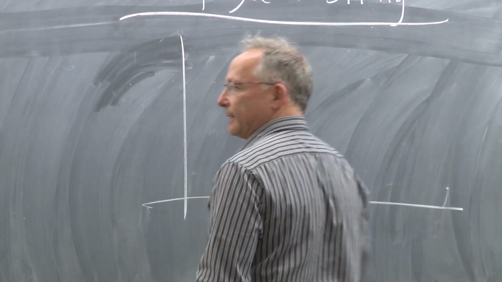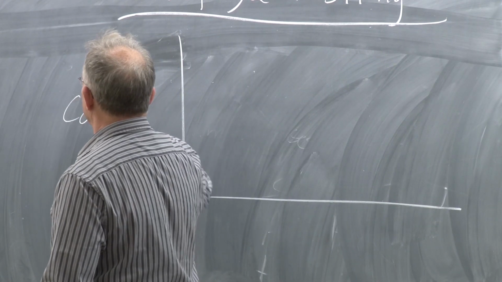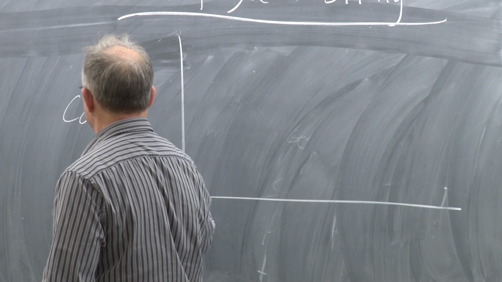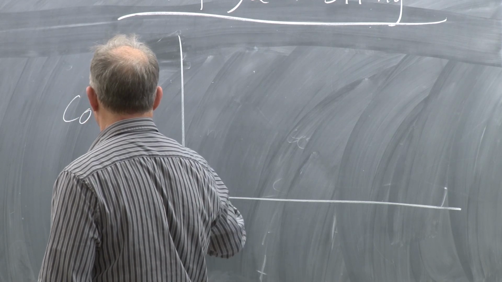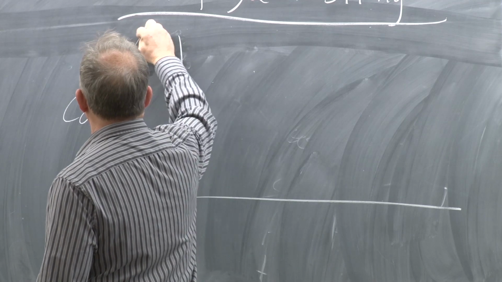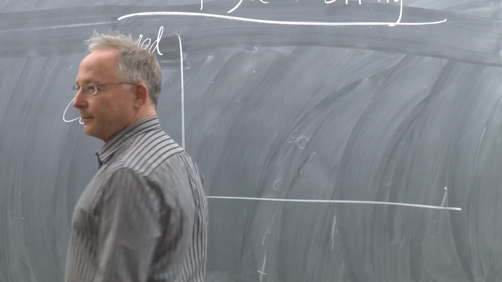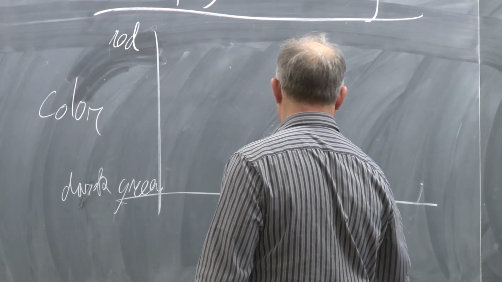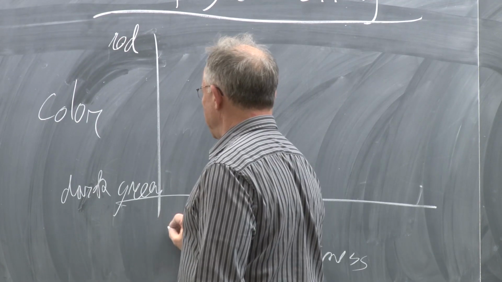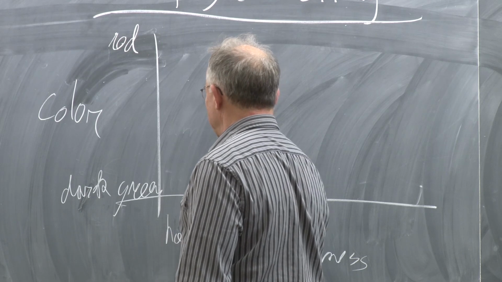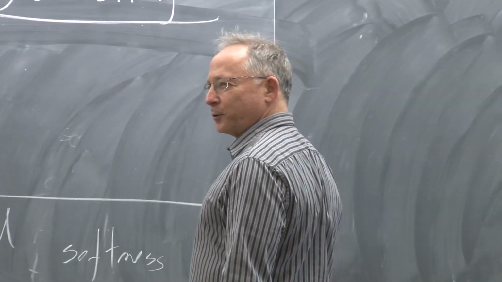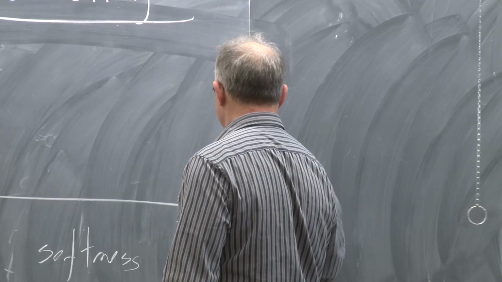So the 2 features that I pick for the papaya are the color, which can move from dark green to red or brown-red, and the softness. Right? It can move from rock hard to completely mushy.